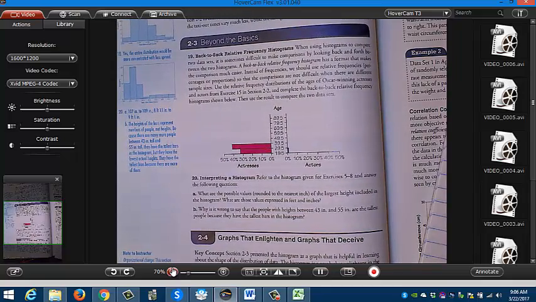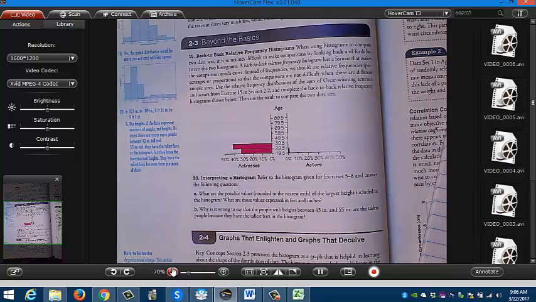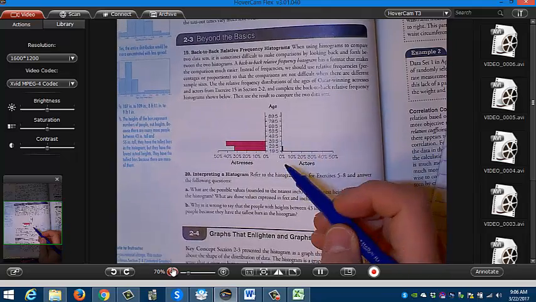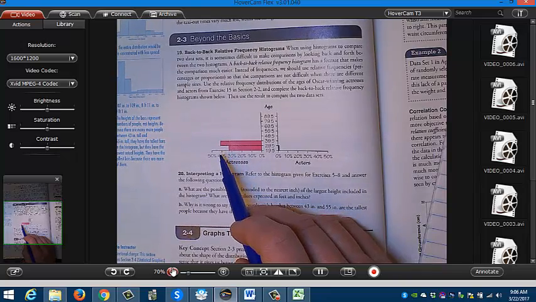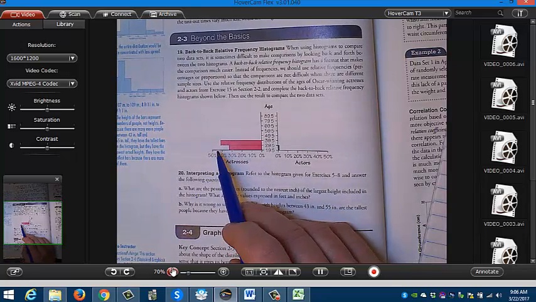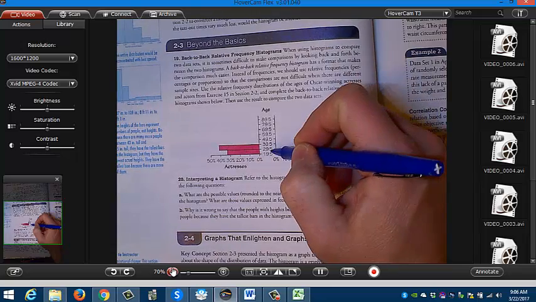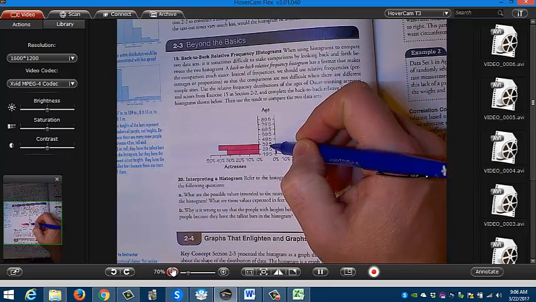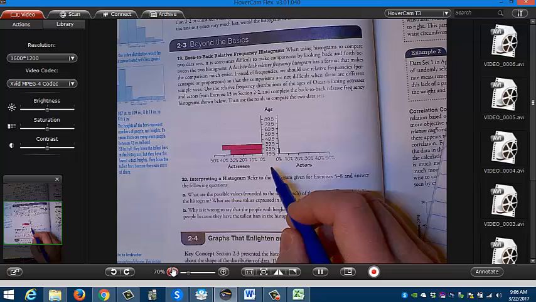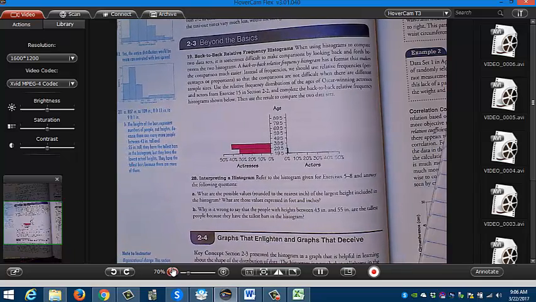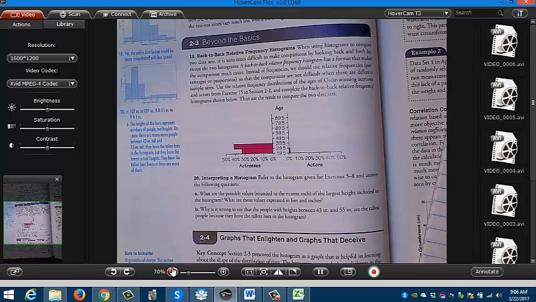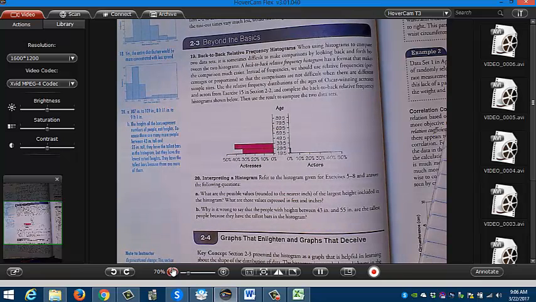And so it's showing me that, well, let's see, 40% of the actresses were in the age range 29 and a half to 39 and a half. 30% were in the range 19 and a half to 29 and a half. Okay? And I think what they want you to do is just kind of continue.